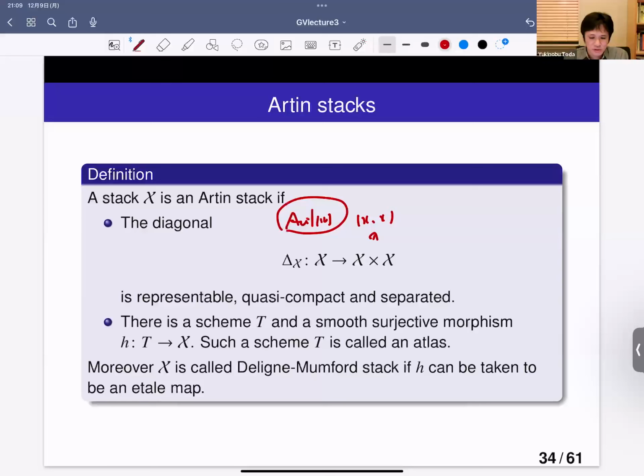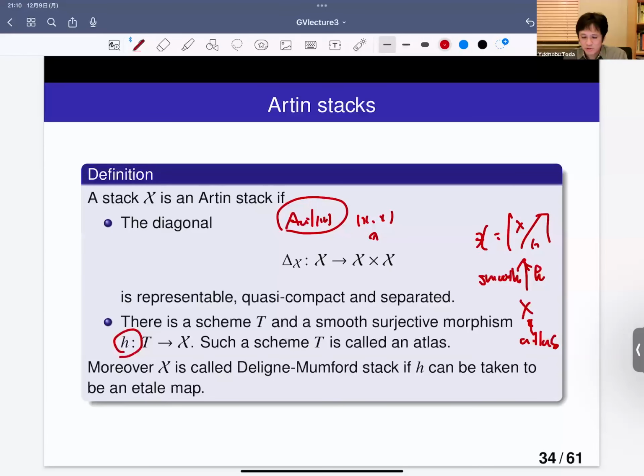For example, in the case of a quotient stack, we can take a map from X to here, and this is smooth, and X is a scheme. So this is, in fact, an atlas. And we say that this stack is called a manifold stack if this map can be taken to be étale.